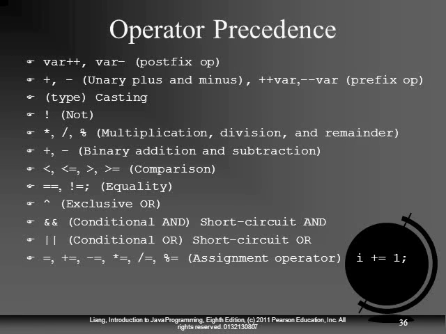Basically, if it's on the same order, such as multiplication, division, and remainder, those are all the same order. There's no precedence given to any one particularly. If those were in an expression without parentheses, they would be evaluated left to right. So everything basically is left to right without any parentheses, with the exception of the assignment operators. Those are right to left.